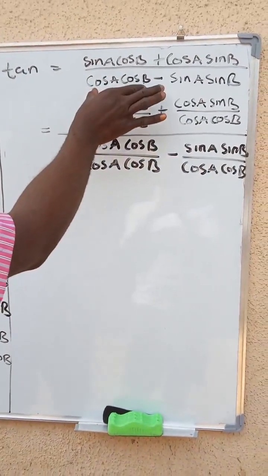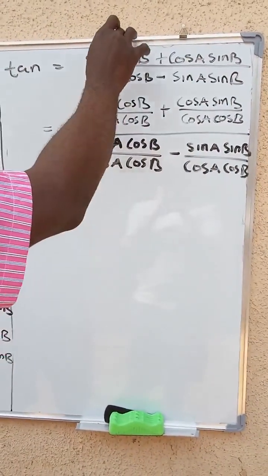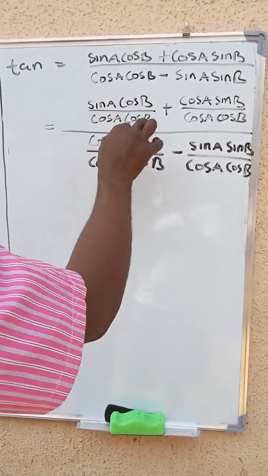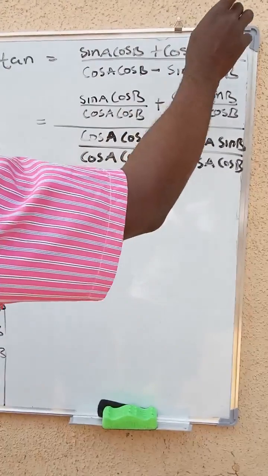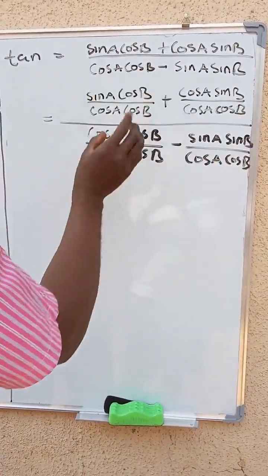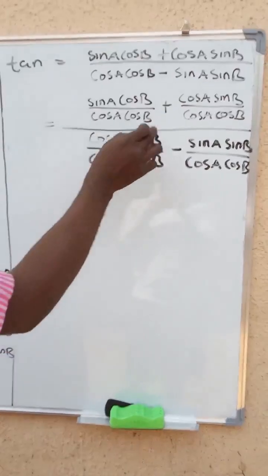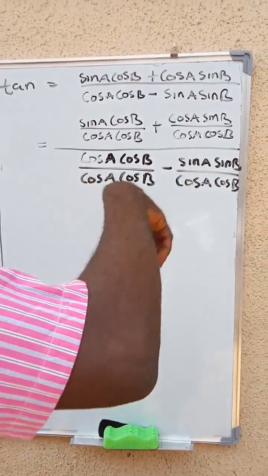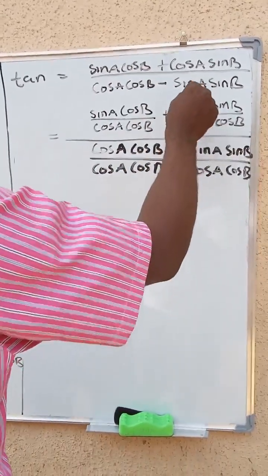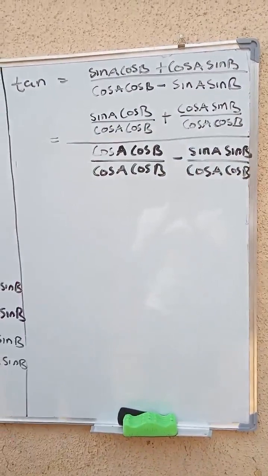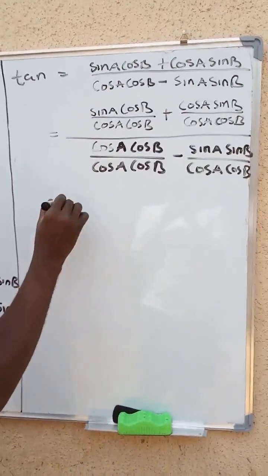This one I used to divide everything. The numerator says sin A cos B over cos A cos B plus cos A sin B over cos A cos B. I use the same thing to divide the denominator, cos A cos B over cos A cos B, which I'm using as the one to divide, then sin A sin B over cos A cos B. So what do I have?